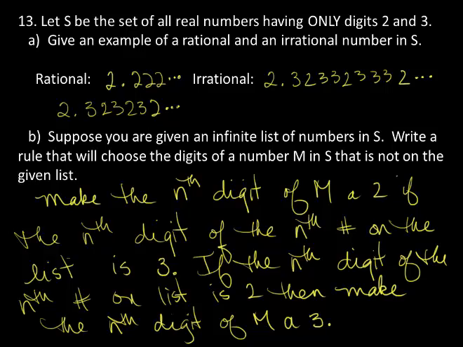And that'll do it. Now, I know that's a lot of words, but heck, this is one question on the test. You can take the time to write 2 sentences. Be careful. If you don't write a correct rule, you're not going to get complete credit for it.